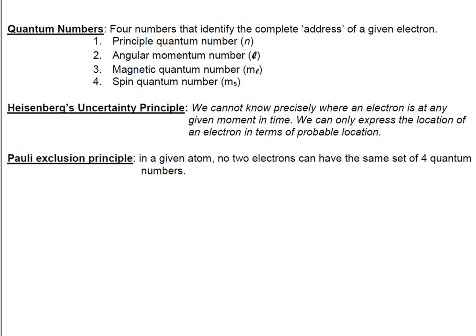An address can start very generic. For example, you might give someone the city you live in. Then it starts to get a little bit more specific. You might tell them what street you live on. Further than that, you might give them your house number.